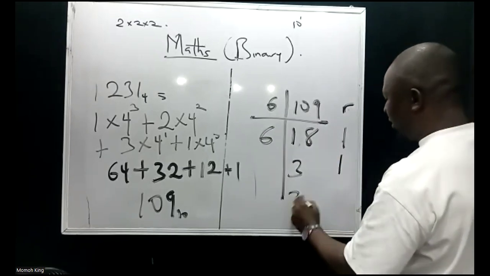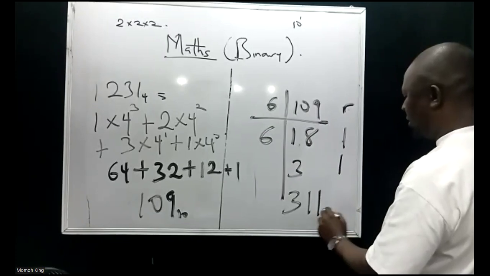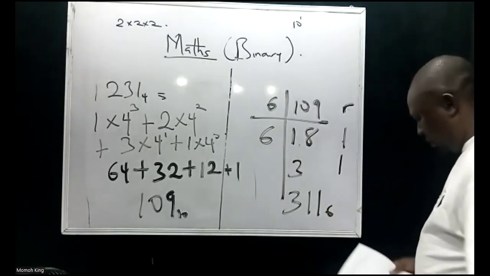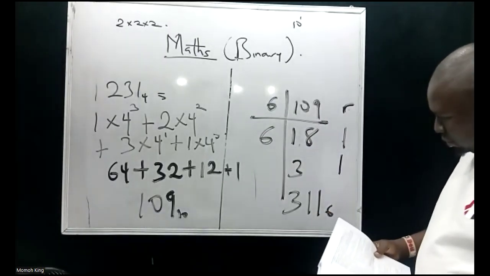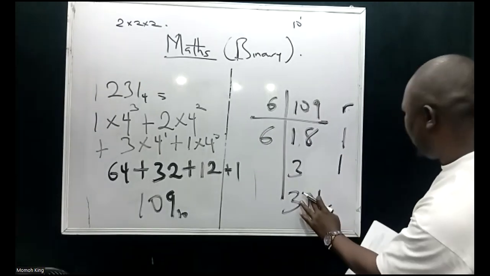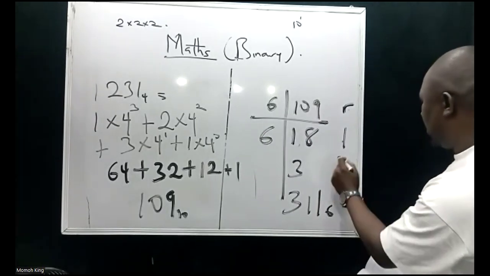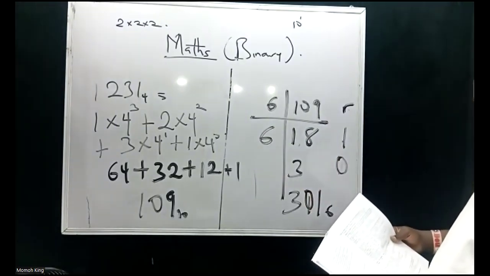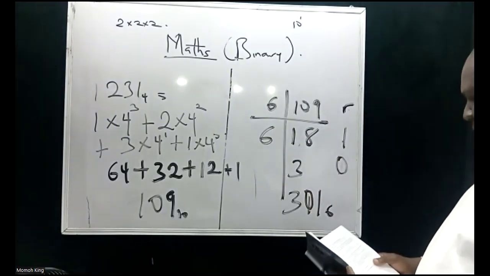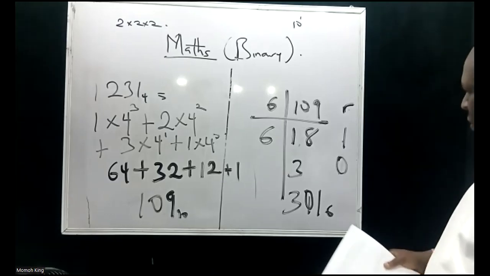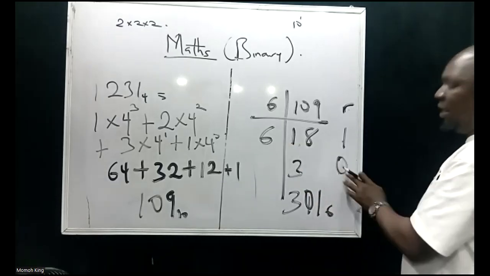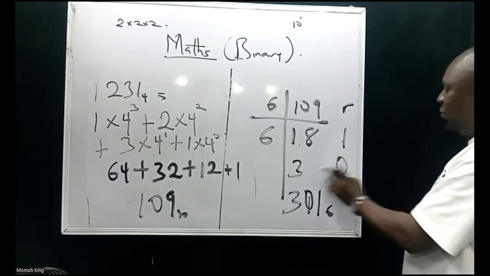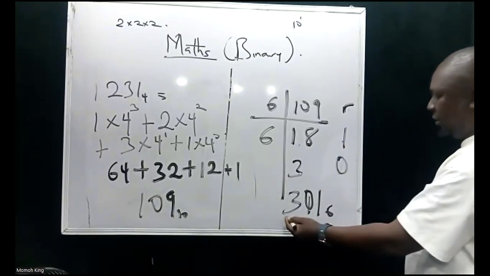So we have 301 base 6. That is B. When 6 goes into 18 it is 3, and you get 0. We have 301 base 6.